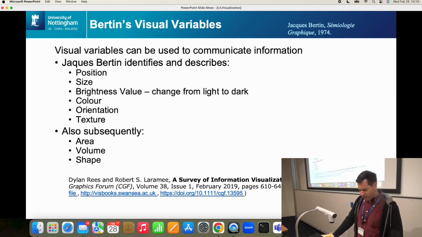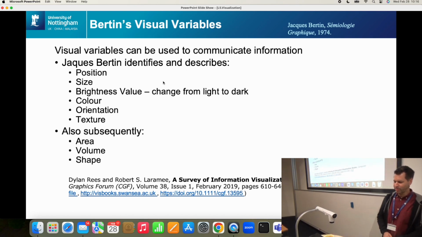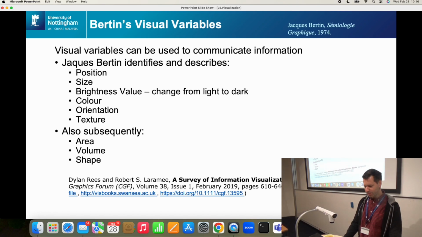So we can encode data in something called visual variables. One of the first ever visualization books was by a French scientist, Bertin, The Semiology of Graphics, and he identified what he called visual variables. For example, position, we saw position on the previous image.